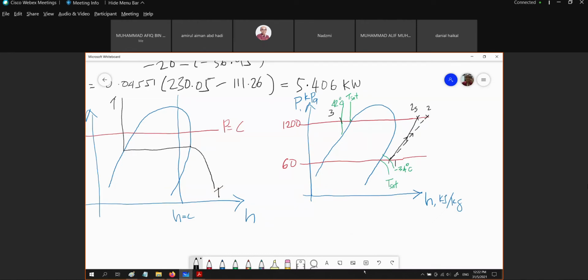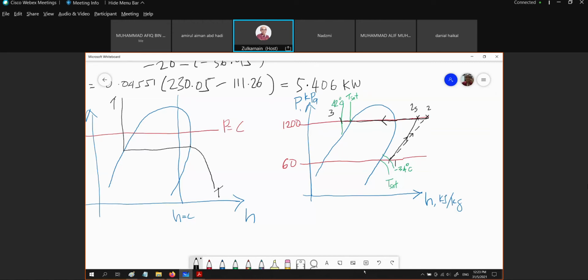And then we have the condensation process at the condenser. Begin at point 2. This is our condensation process, up to point 3.